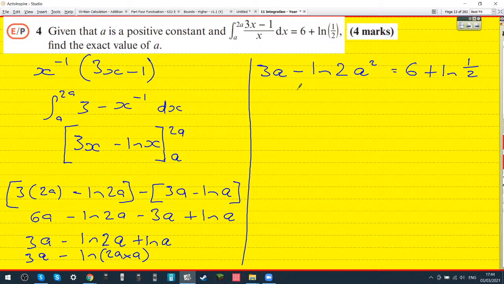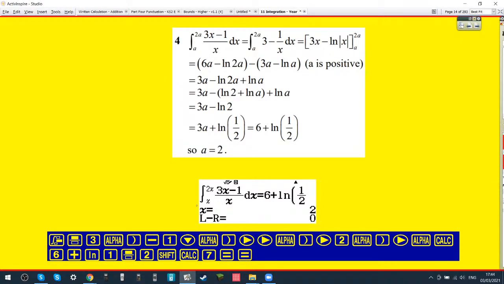That is a minus ln 2a. Hold on. 6a minus ln 2a. So ln 2a minus becomes plus. So ln 2a plus ln a. So they split that up into ln 2 plus ln a.